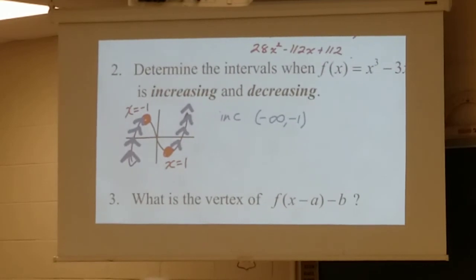But it's also increasing from 1 to infinity. You have to give the answer the right way. So it's increasing in the blue sections. It's decreasing in this red section in the middle, which is from negative 1 to 1. Now that's not a point. That's an interval, negative 1 to 1.